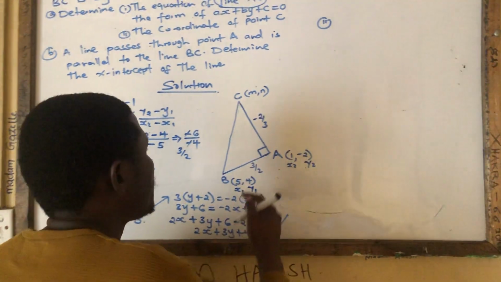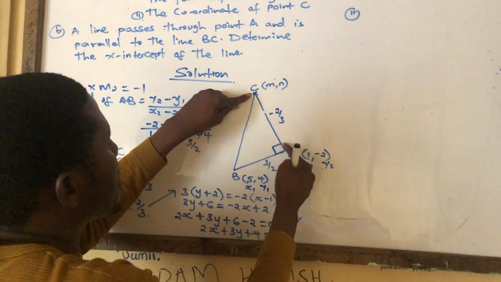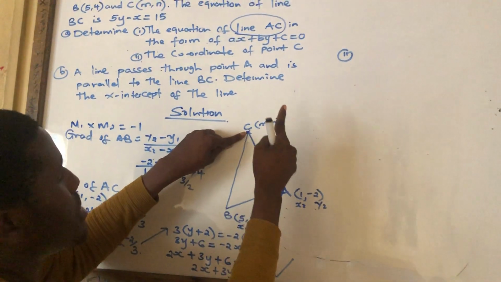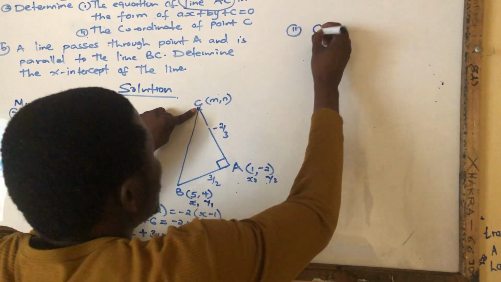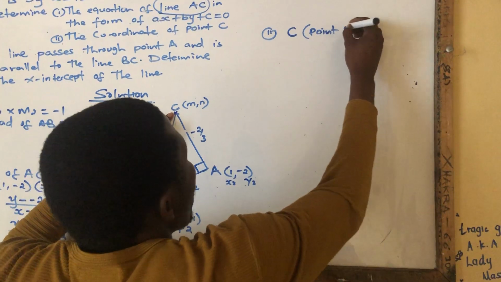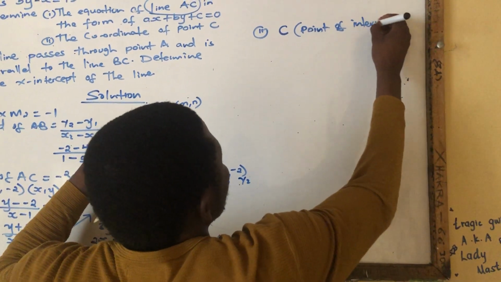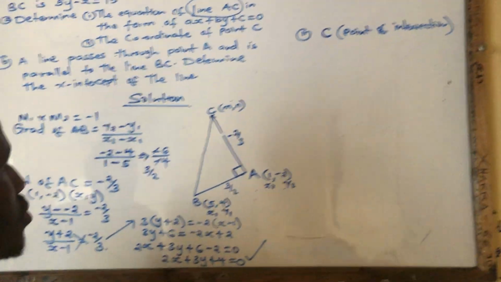So to find the C, we will take this equation and this other equation, then solve them simultaneously. Reason being, by looking for a point C, we are basically looking for a point of intersection.